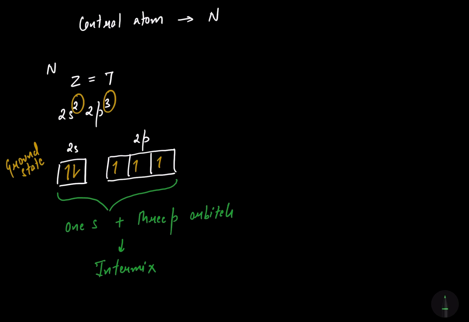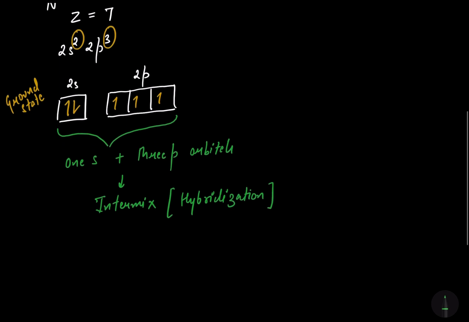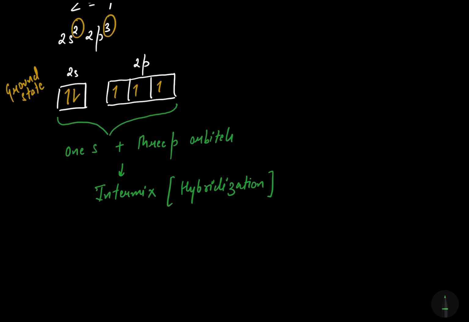In all the hybridizations, we are having s orbital in the hybridization. So 1s and 3p orbitals will intermix, and that's called hybridization process. So there are total of 4 orbitals intermixing, the 1s and 3p.